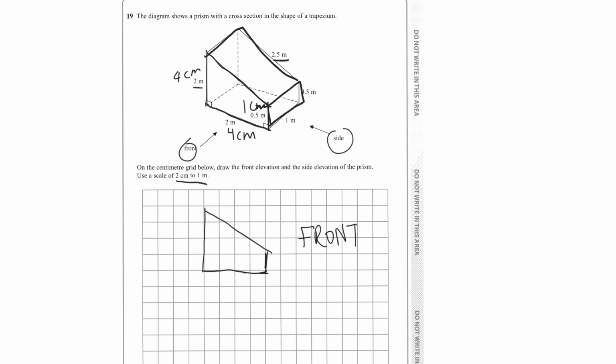You would have to consider this height, the total height as well. So that would be 4 centimeters. And then this part here, you've got the height for that part there, which is 0.5 meters, which is 1 centimeter. 1 meter across is equal to 2, sorry, 2 centimeters.